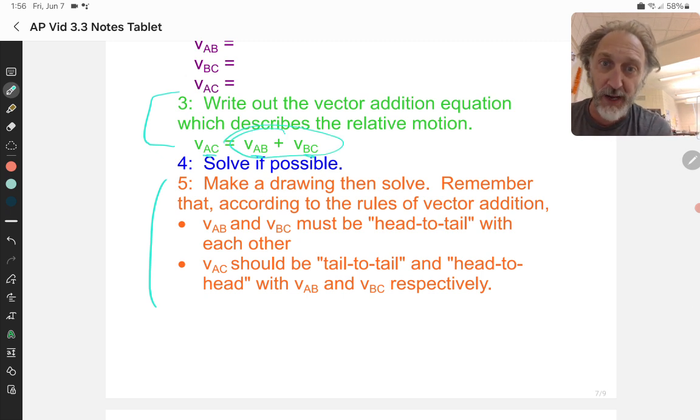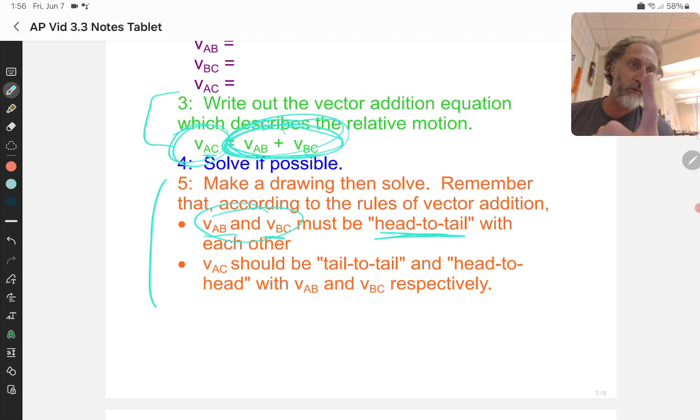Because these two guys are always going to be head to tail, and this guy is head to head at one end and tail to tail at the other, okay? And it says all that here. So VAB and VBC, the two guys that are being added together, they have to be head to tail. Or rather, the resultant of your two vectors that are getting added together has to be tail to tail at one end and head to head at the other.